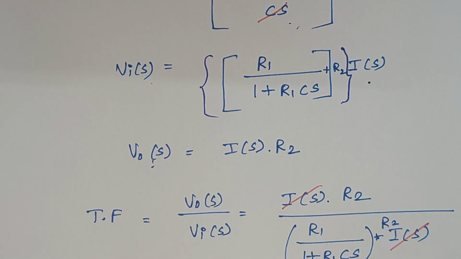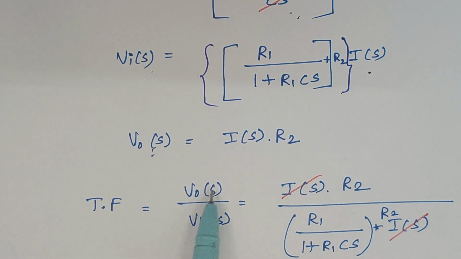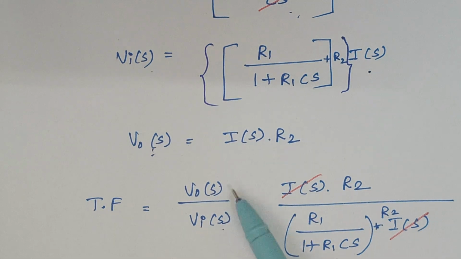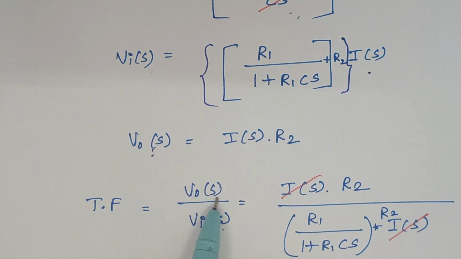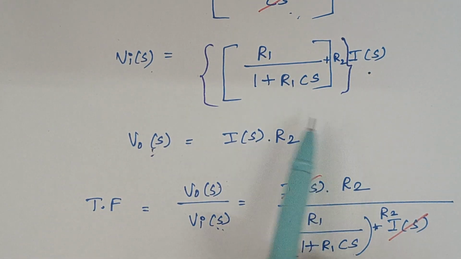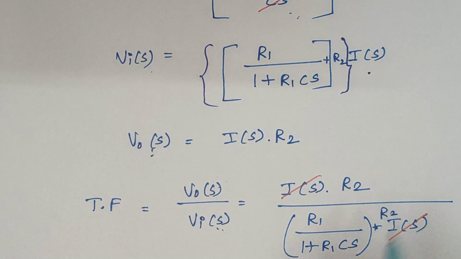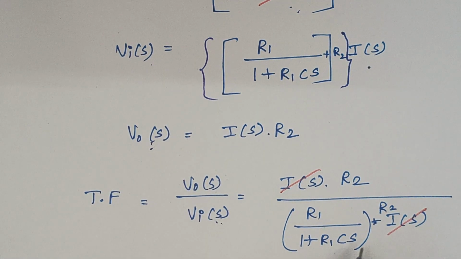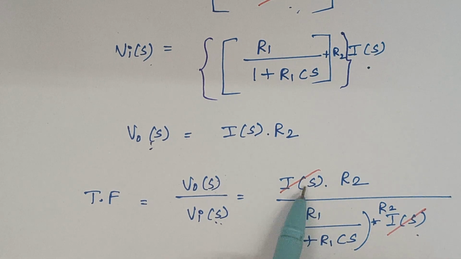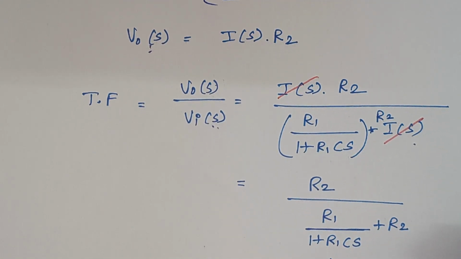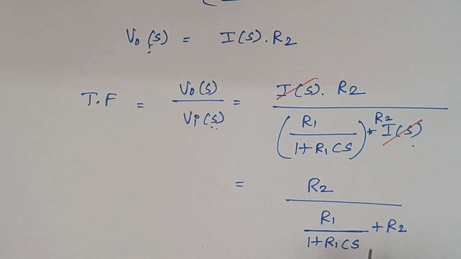The transfer function is the ratio of output voltage to input voltage in the S domain, and both terms here are in the S domain. V0(s) is I(s) into R2, divided by Vi(s), which is R1 by 1 plus R1 Cs plus R2, into I(s). The I(s) cancels, and the final expression is R2 divided by R1/(1 plus R1 Cs) plus R2.